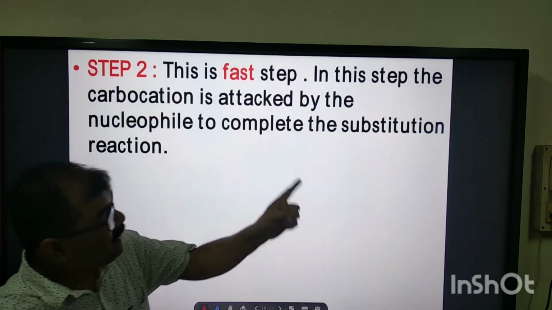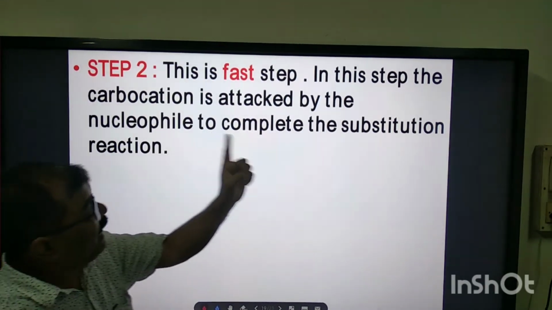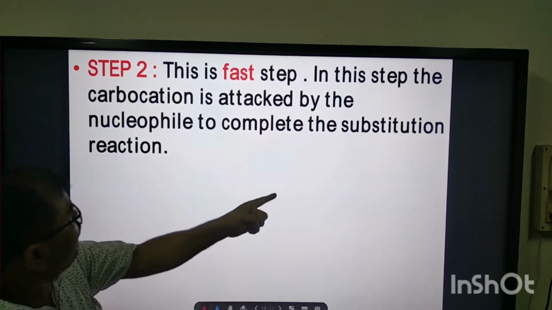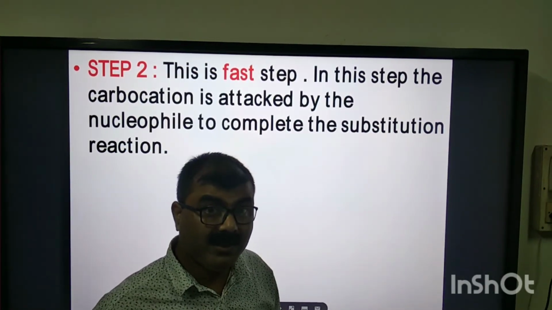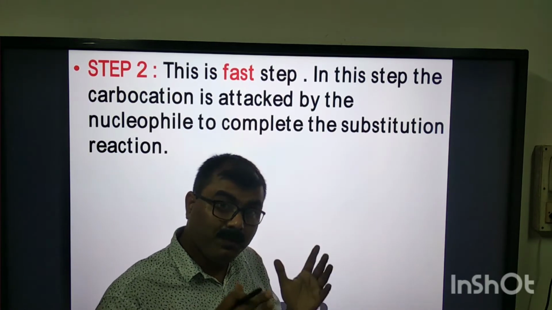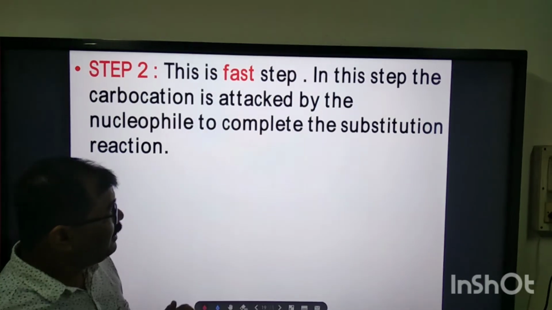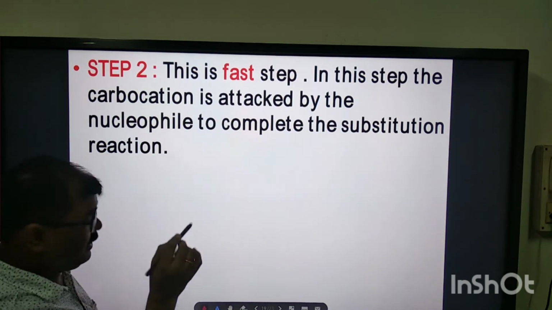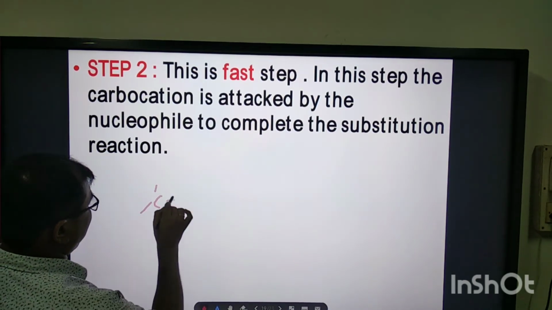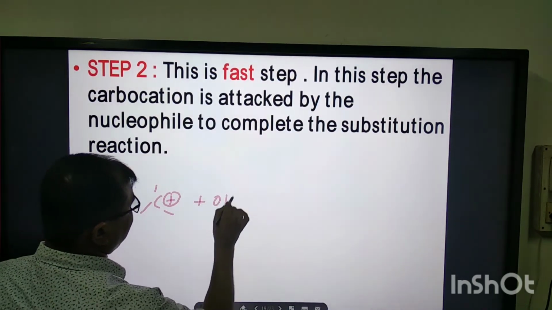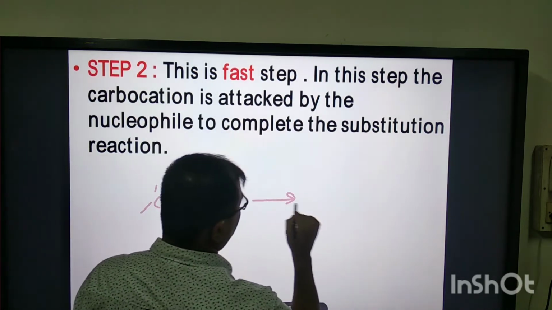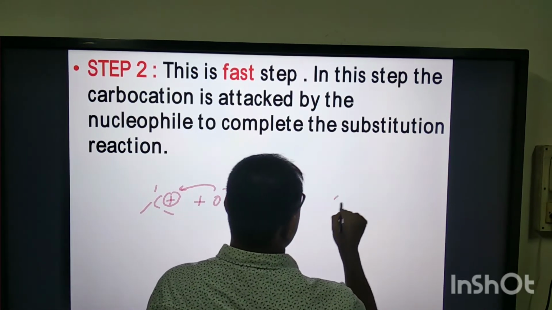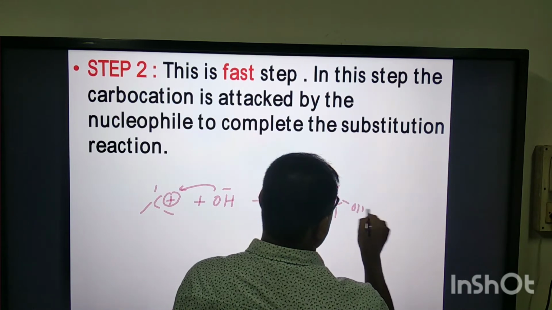In this step, the carbocation is attacked by the nucleophile to complete the substitution reaction. That is, it leads to the formation of the product. As soon as the carbocation forms, the nucleophile will attack and we will get the corresponding product.